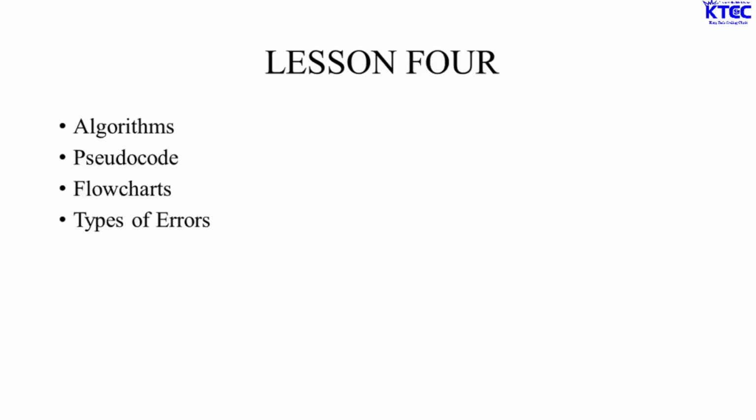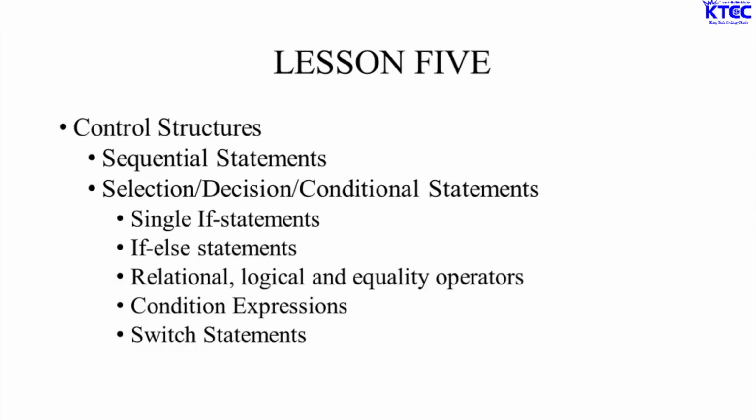From there, we proceed to lesson 4, where we're going to talk of algorithms, pseudocode, flowcharts, and then types of errors we do encounter during programming. We then proceed to lesson 5.